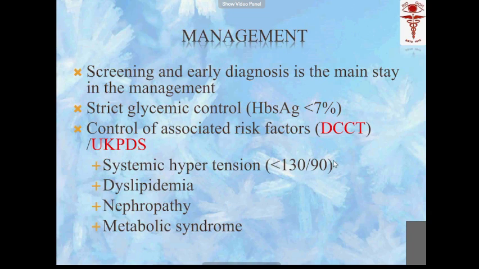The two studies which dealt with the risk factors are the DCCT, the Diabetes Control and Complications Trial, and the UKPDS study. These studies proved that if the associated risk factors like systemic hypertension, dyslipidemia, nephropathy and metabolic syndrome are controlled, then the progression of diabetic retinopathy is halted.